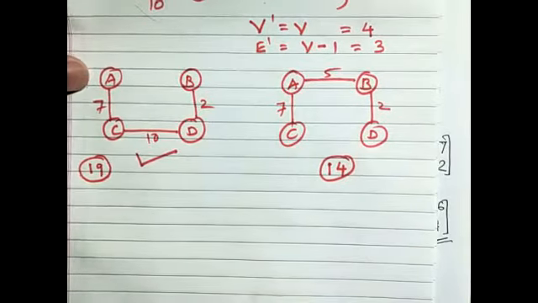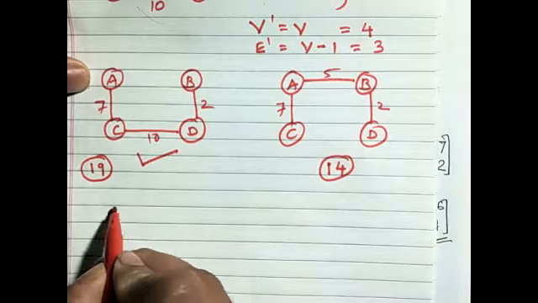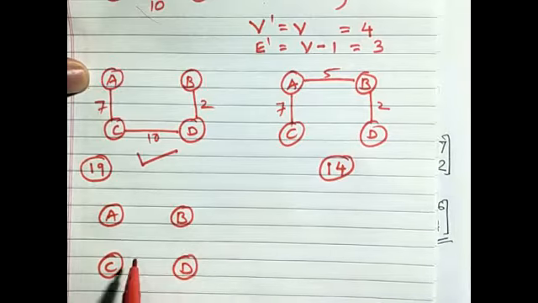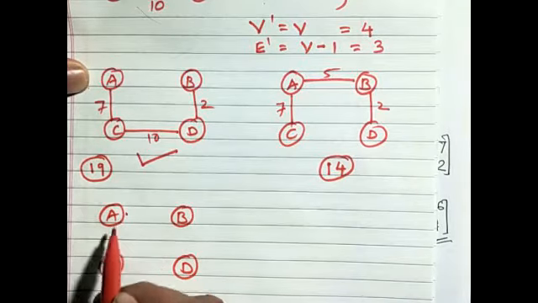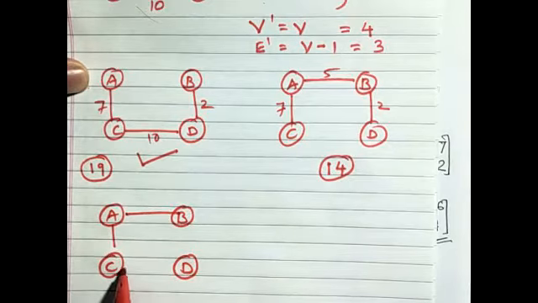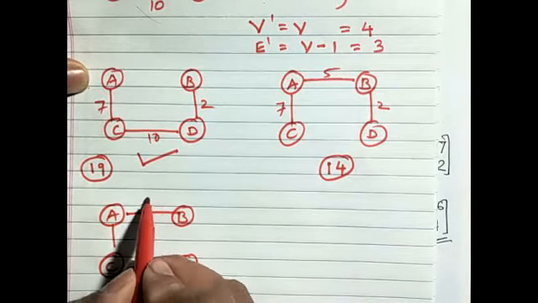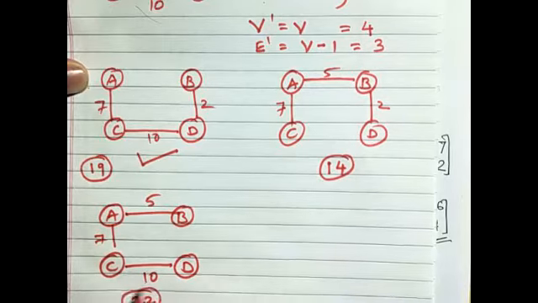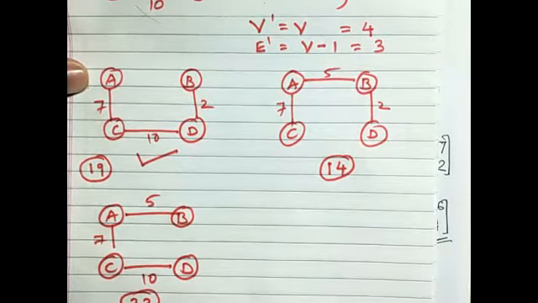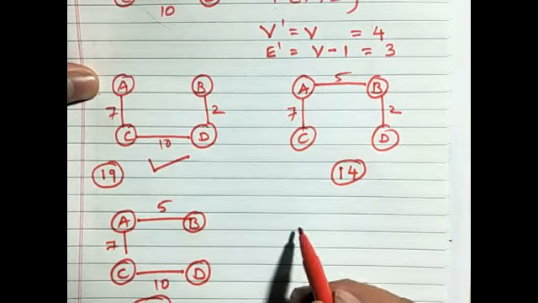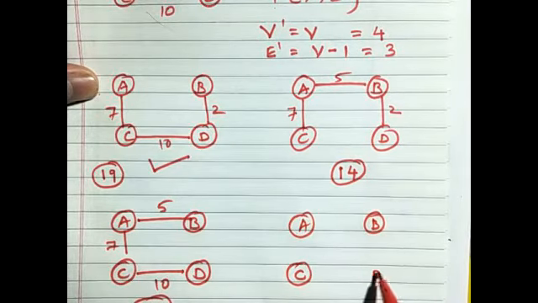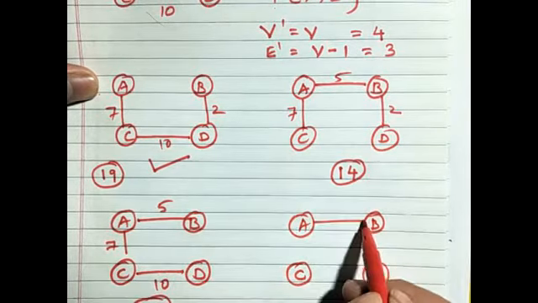Now let us construct a few more spanning trees from that graph A, B, C, and D. This time I will connect AB, AC, and CD. So the cost would be 5, 7, and 10, and the total cost is going to be 22. And one more spanning tree that we can construct here, A, B, C, and D, in this way.